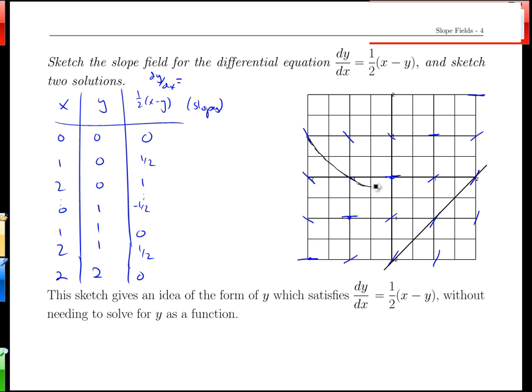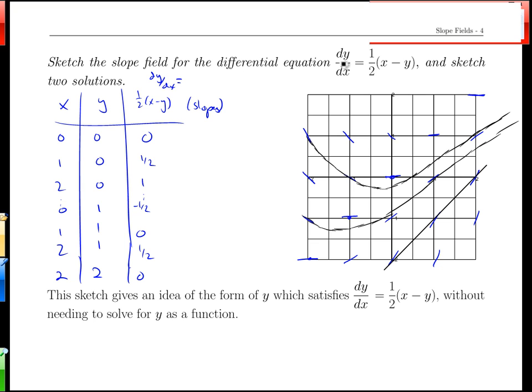Around here would be 0 slope, and then they would start to pick up, and it's hard to say what would happen after that. Maybe they would go like that. We would need a lot more detail on this slope field, but we can certainly see a basic ingredient here, that we're going to get maybe asymptotic solutions.